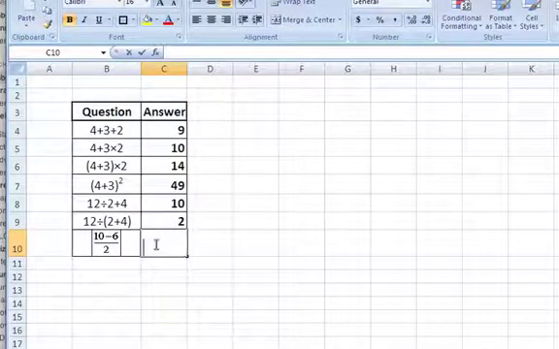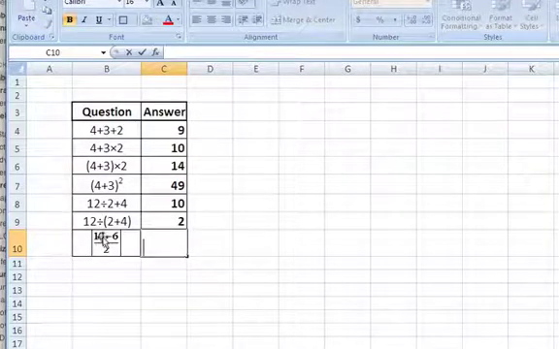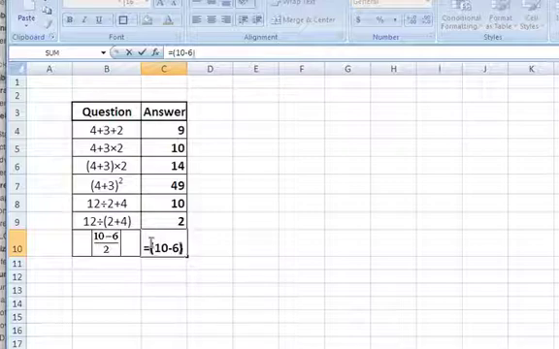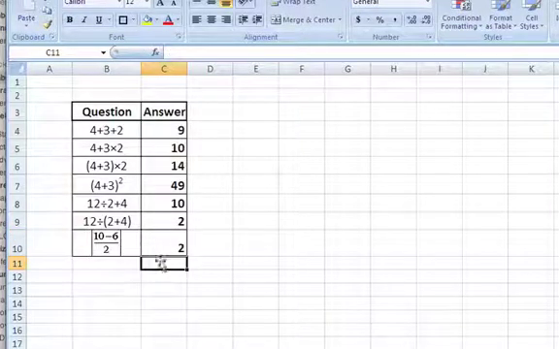And here, this is a division question, so this is 10 minus 6 divided by 2, and we have to do all the work on the top first. So when we write this, with the keystrokes we have to use, we have to put the 10 minus 6 in brackets divided by 2. So 10 minus 6 is 4 divided by 2, so 4 divided by 2 is 2. So we have to actually tell it that.